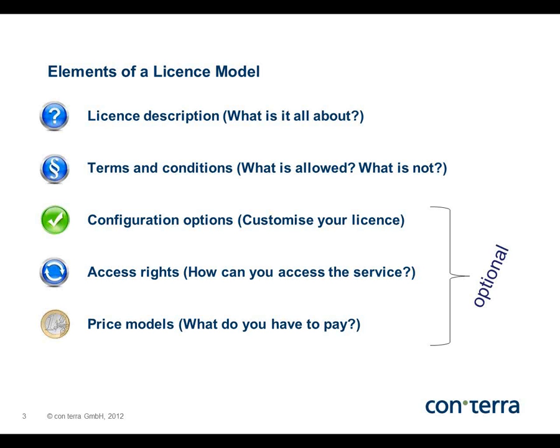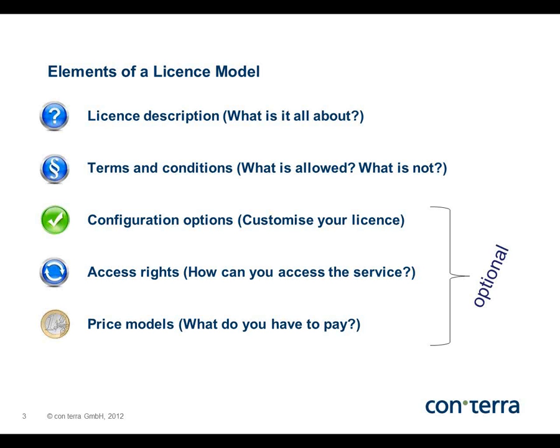These different configuration options can lead to different access rights, for instance. When we're talking about the area example, if you choose a certain area, then License Manager afterwards would also restrict access to that certain area you selected in your license conclusion process.